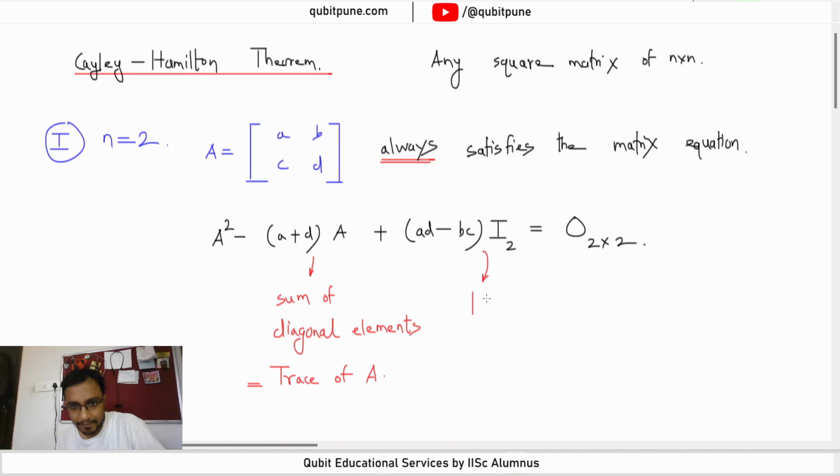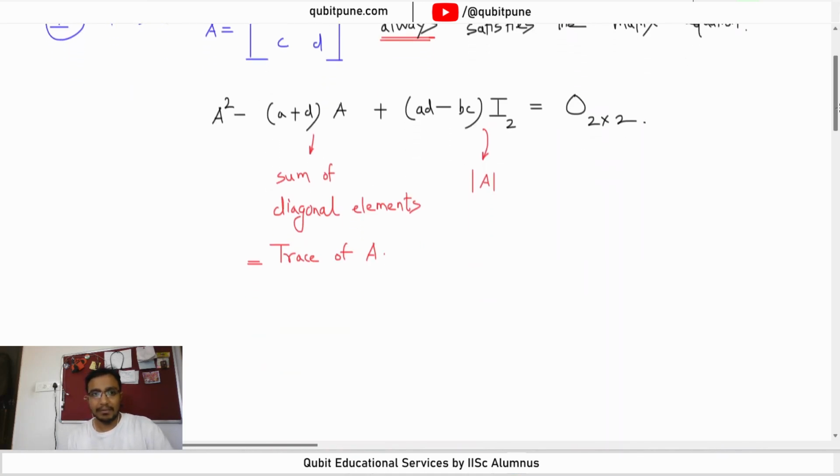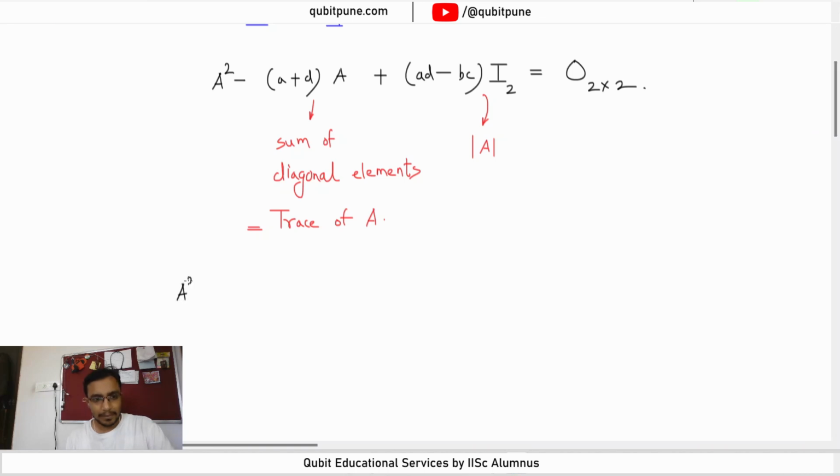Determinant of A. And this also gives us a way to prove that if a matrix is singular, its inverse doesn't exist. Let's say I write it as trace of A into A plus determinant of A into I equal to null matrix.